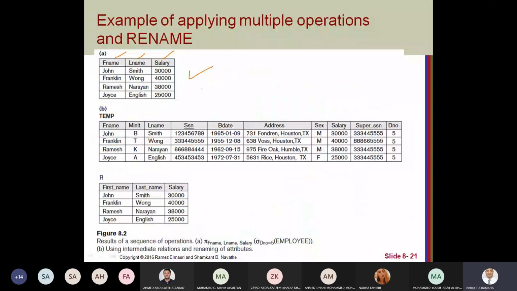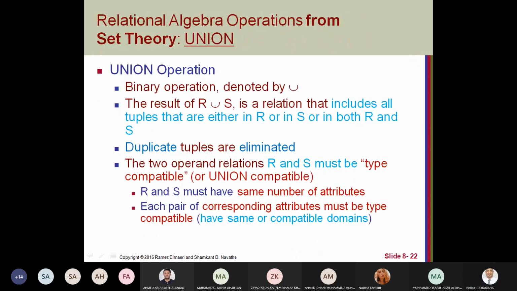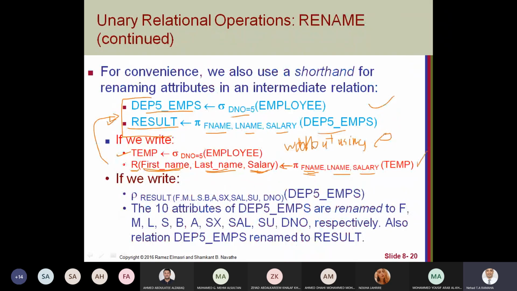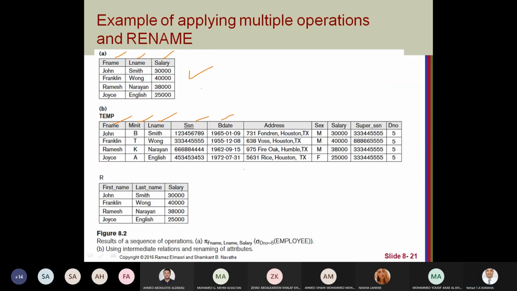You look before the rename, it's the same name as employee: F name, middle name, last name. After making this operation, we have a new relation R that has only first name, last name, salary.